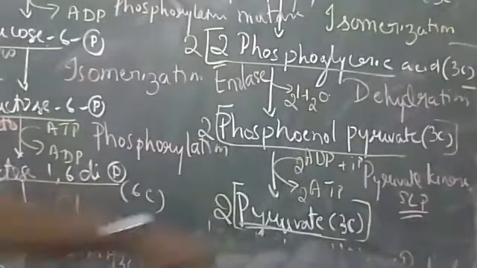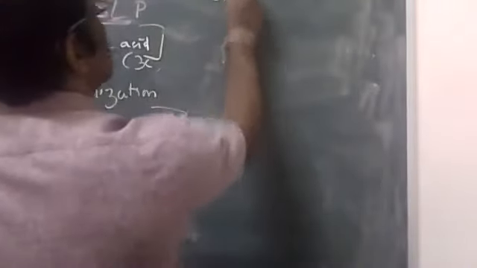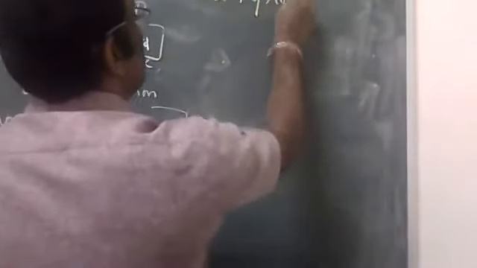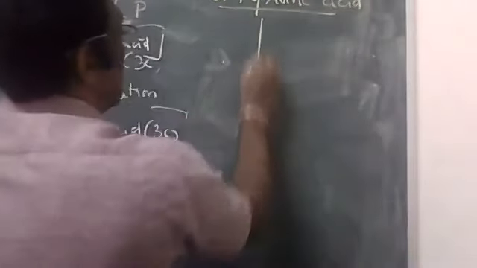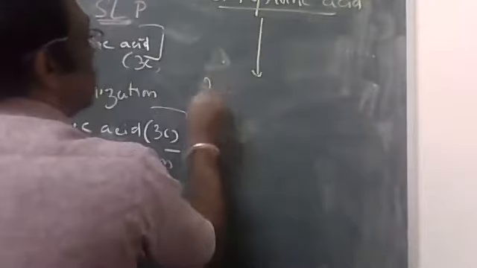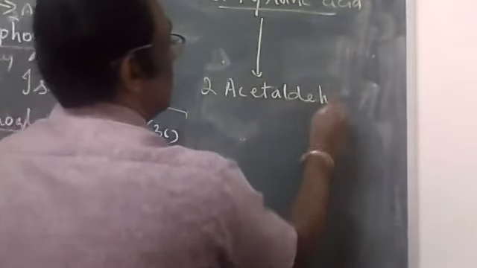Okay, I'll come to the last part. 2 pyruvic acids are formed. See now, the 2 pyruvic acids that formed will be converting into 2 molecules of acetaldehyde.